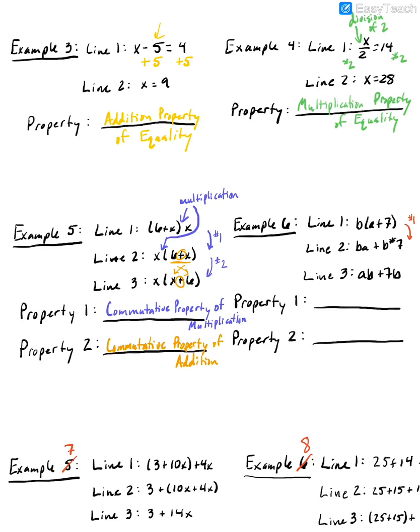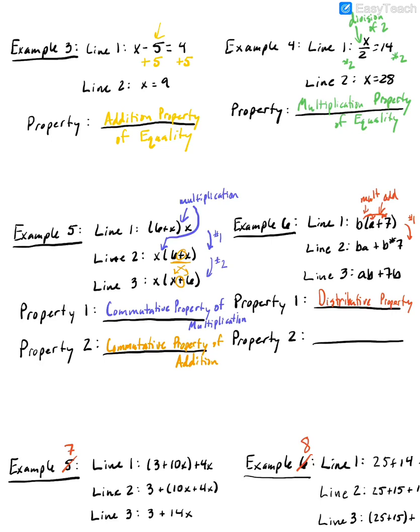So because of that, there's only one property where there's multiplication and there's addition in the same part, and that would be distributive property. Distributive property says that I can take any number on the outside of a parentheses that you're multiplying to, and you can distribute that to everything inside the parentheses. So I would say that this is distributive property, because b is going to the a, b is going to the 7. So that would be my solution, okay?